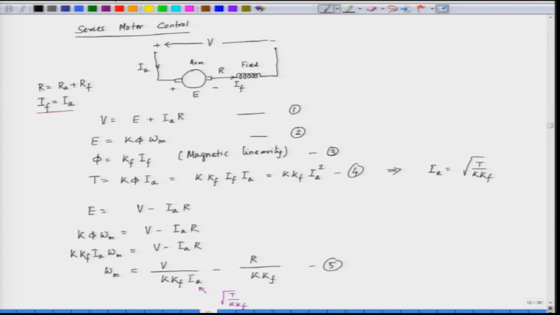It means we connect some resistance in parallel here, so that the current through the field winding is reduced. This is called the diverter resistance.